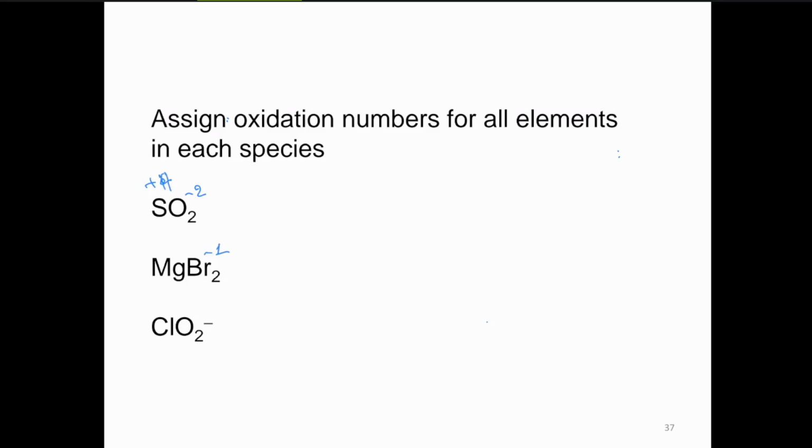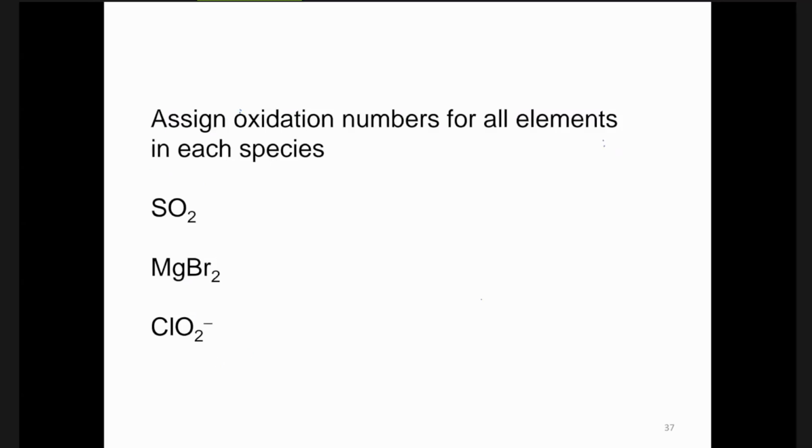So the magnesium should be +2. Oxygen here is -2, so in total you have -4, and the charge is -1. So that means the chlorine should be +3 here. It's quite easy, this kind of assignment. You can do some exercises in the tutorial class.